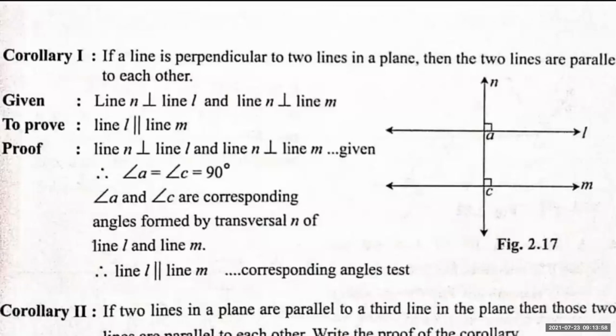So by the corresponding angle test, the two given lines, line L and line M, are parallel to each other.